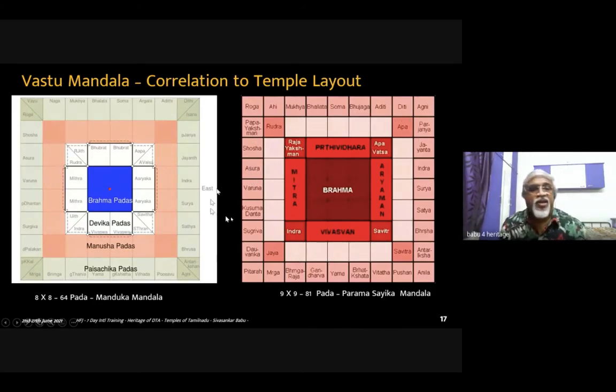So you see some familiar deities here. Yama on north and Surya on east, and then Soma on south, and then Varuna on the side, and then in the corners Agni and other Devatas are there. So this is how the various Devatas are put up in a temple in the particular places.